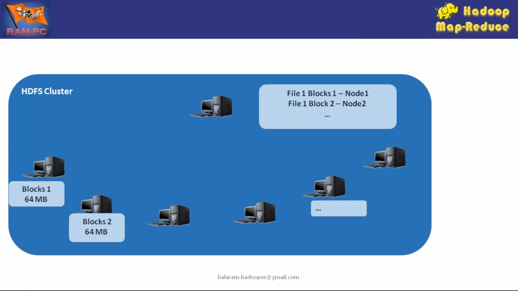In this way, we maintain the list of blocks, their related files, and the location where each is available. In regular operating system terminology, this is called the FAT, file allocation table, and we can call this the namespace also.